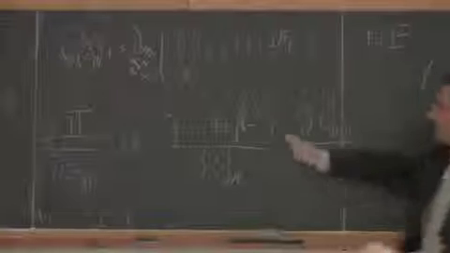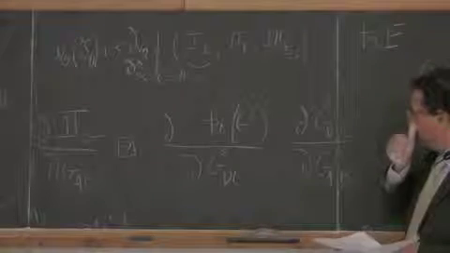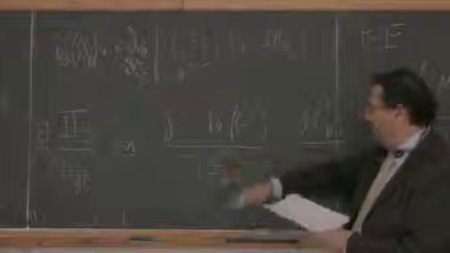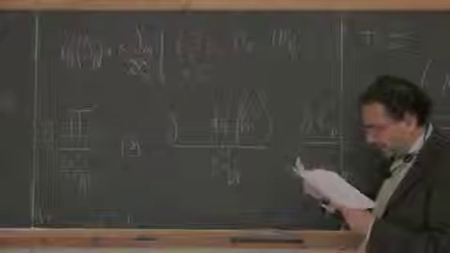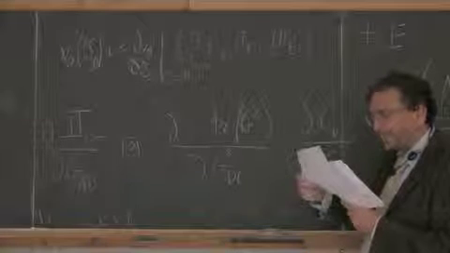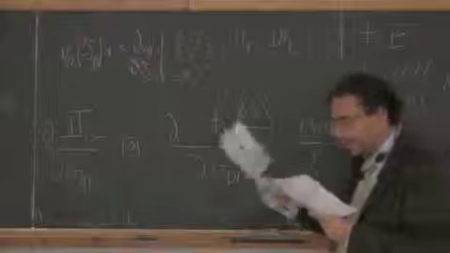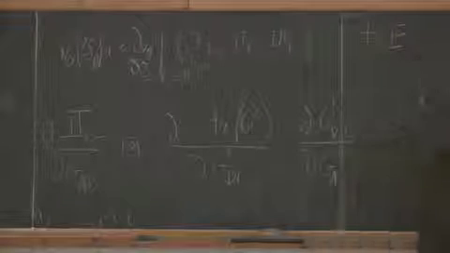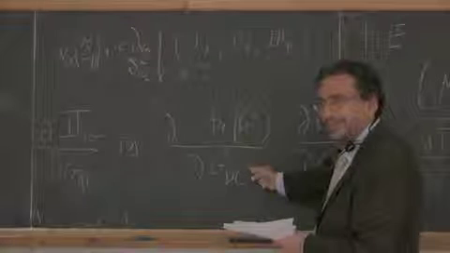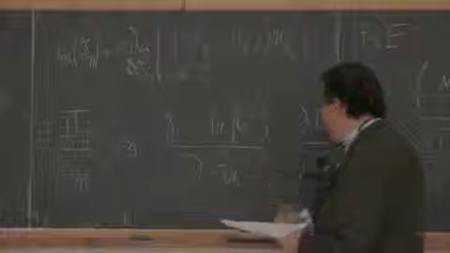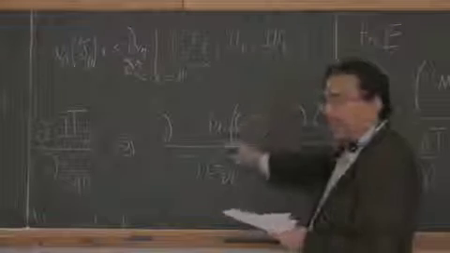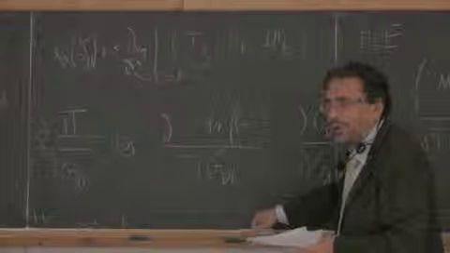So I'm using the chain rule. This animal we already calculated, and so this is the identity. So this is delta DL, because you have G square with respect to the component of G square.